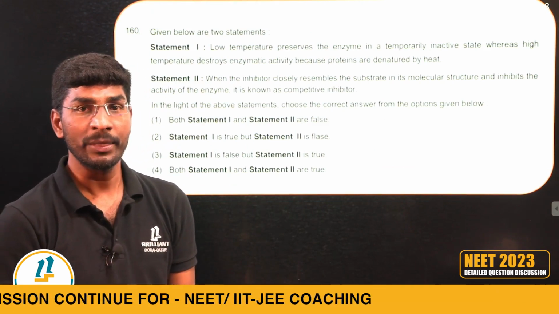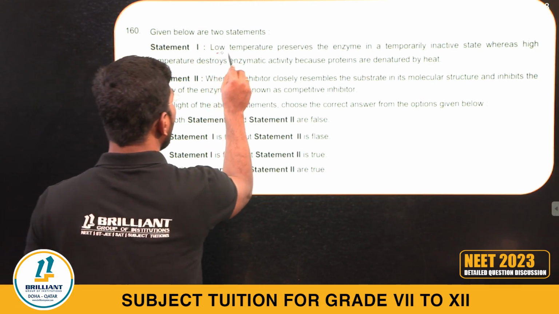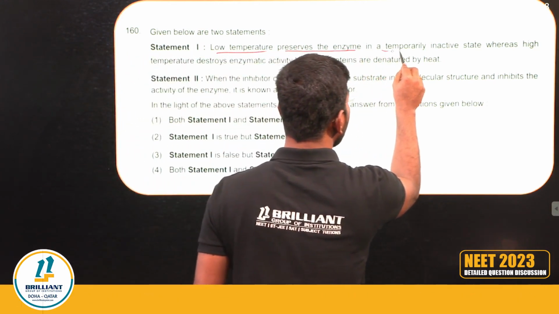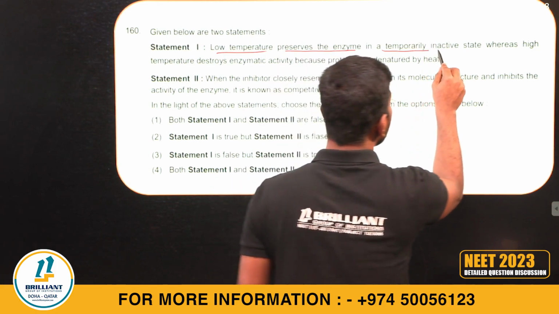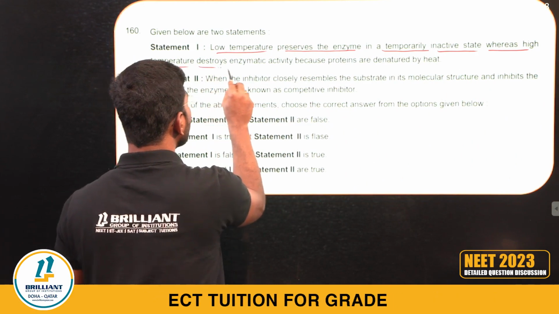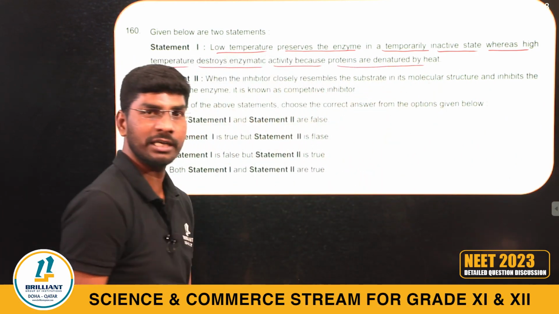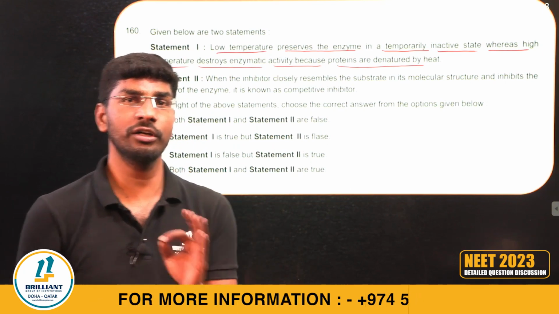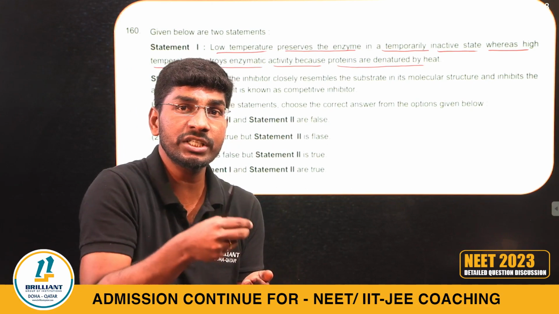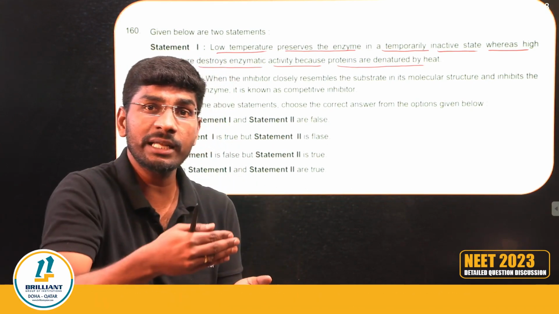160th question. Statement based question. Low temperature preserves the enzyme in a temporarily inactive state, whereas high temperature destroys enzymatic activity because proteins are denatured by heat. Biomolecule chapter, if you remember, as temperature increases, initially enzyme activity also increases.